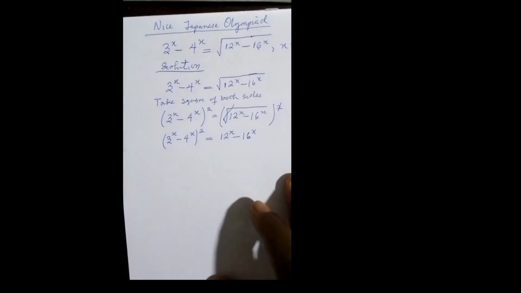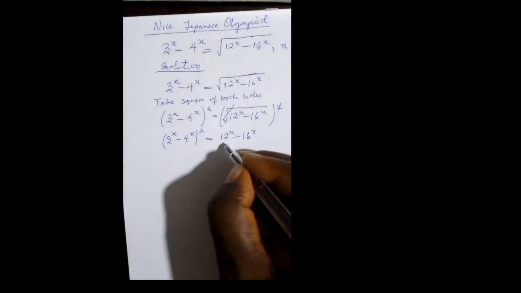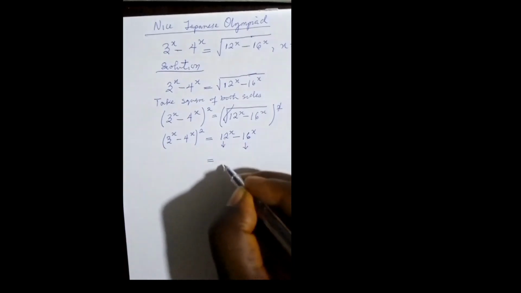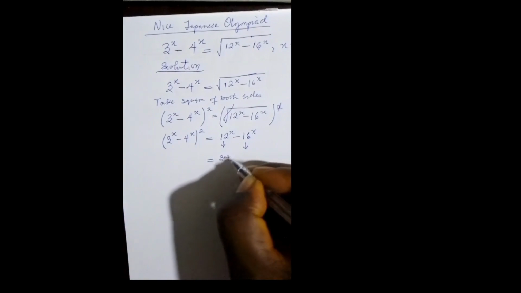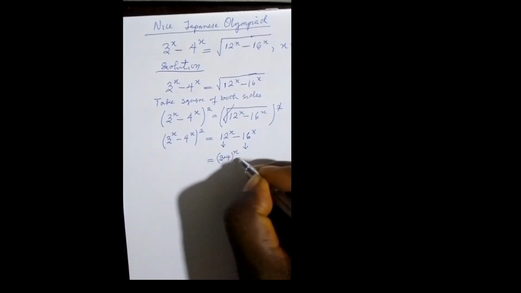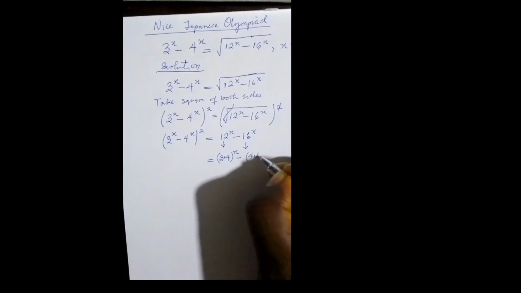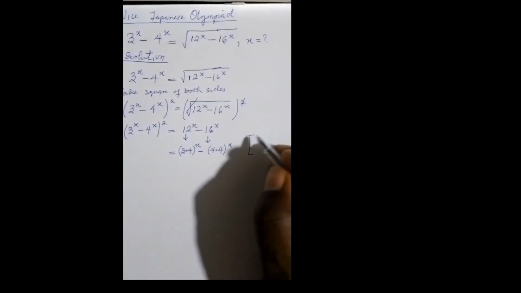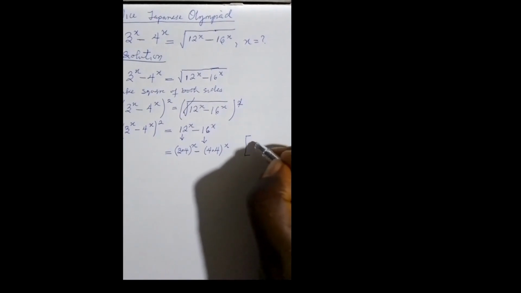So what I'm going to do now is to rewrite 12 to the power of x and 16 to the power of x. So 12 to the power of x will be (3 times 4) all to the power of x, minus (4 times 4) all to the power of x. Then we apply this exponential rule that says if we have (a times b) to the power of m, then this would mean a to the power of m times b to the power of m.